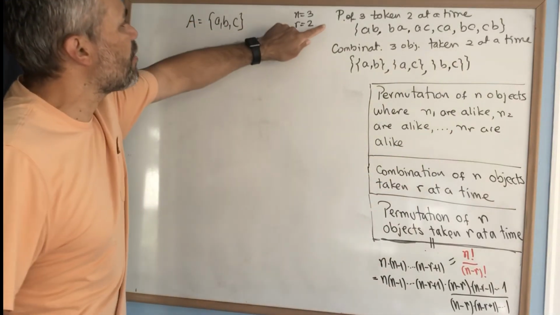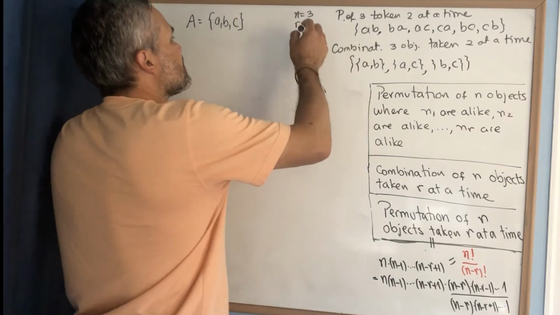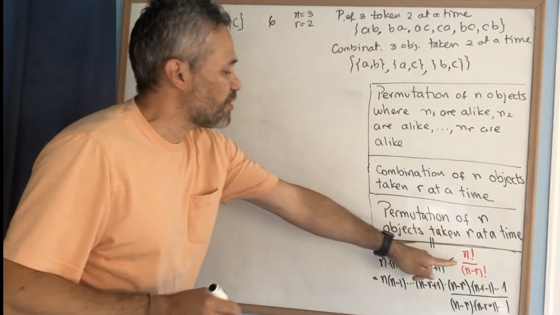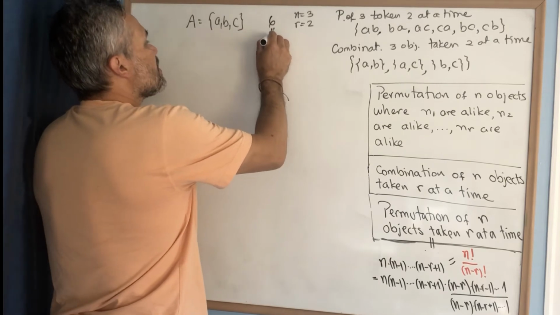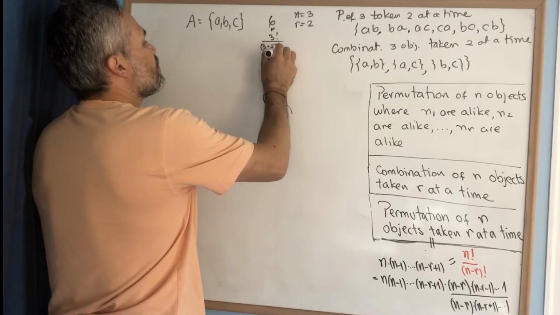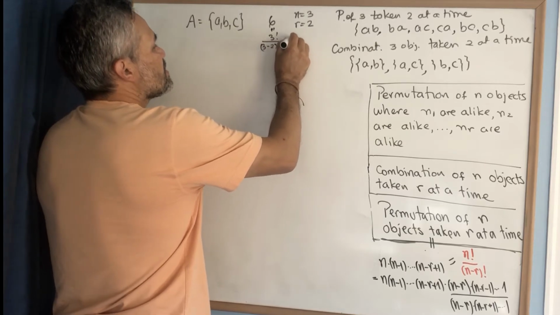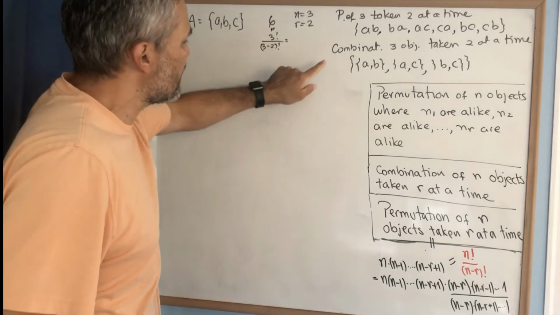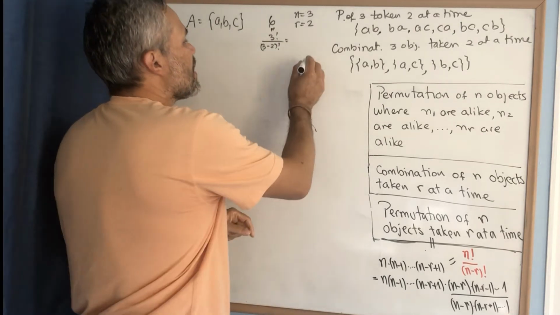Then for the number of permutations, we have 6, right? And this agrees with this formula, which is 3 factorial over 3 minus 2 factorial, which is just 6. And for the number of combinations, we have 3.